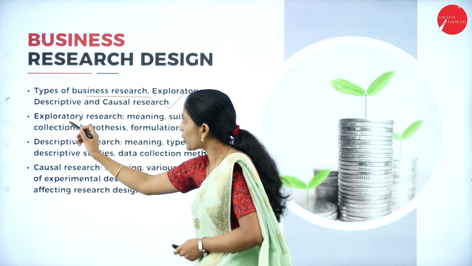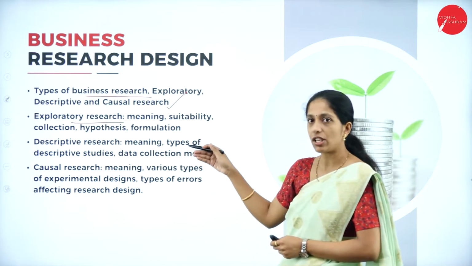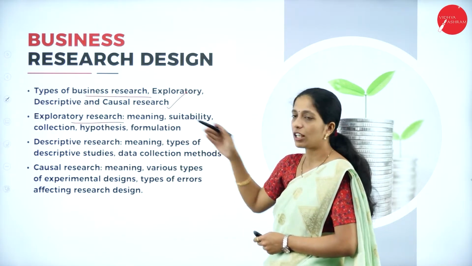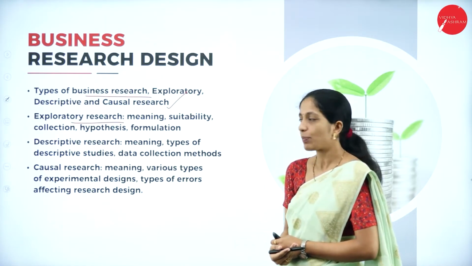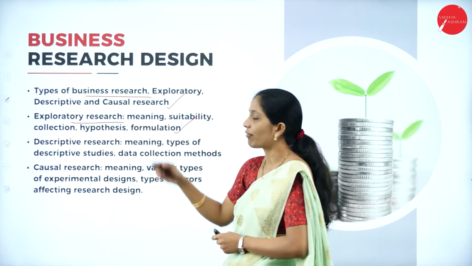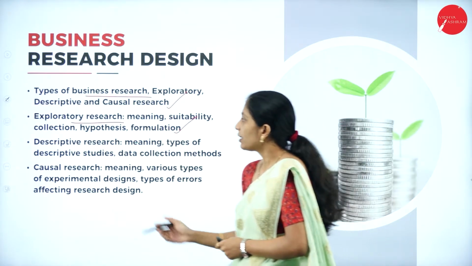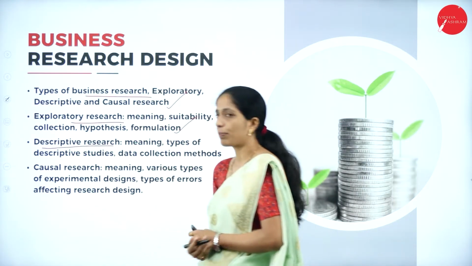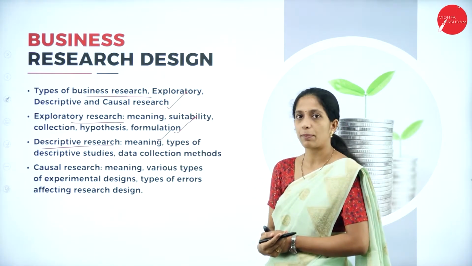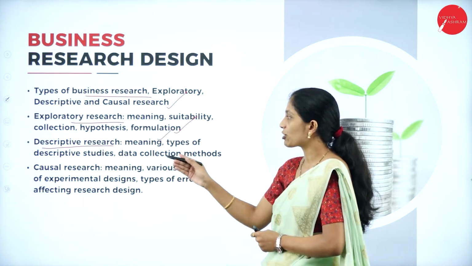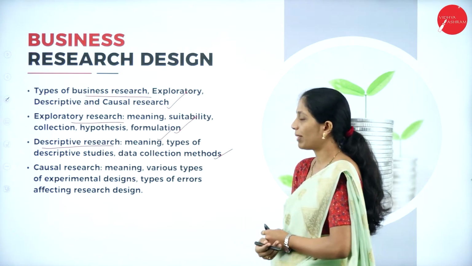Next, under exploratory research, you will learn in detail the meaning of exploratory research, suitability, collection, hypothesis and formulation of exploratory research. Now, the next type is descriptive research. Here also you are going to learn about the meaning of descriptive research, types of descriptive studies, data collection methods.